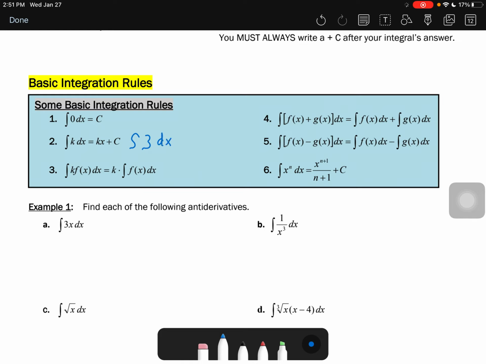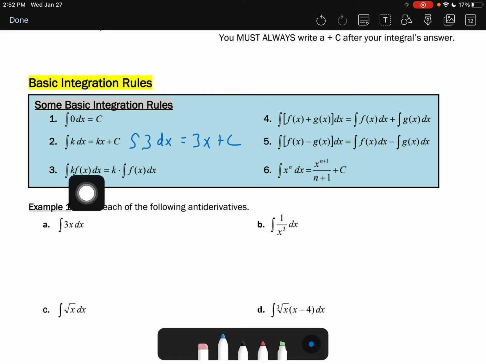And we always put dx, that means with respect to x, or it's your variable of integration. Okay, so when I would take the antiderivative of that, I would just tack the x on there, right? Because if I take the derivative of 3x, that would just equal 3 then, right? But I always put that plus C at the end, okay?